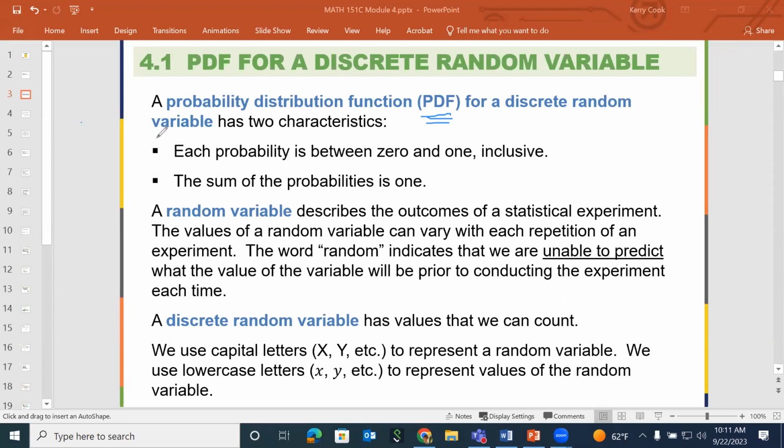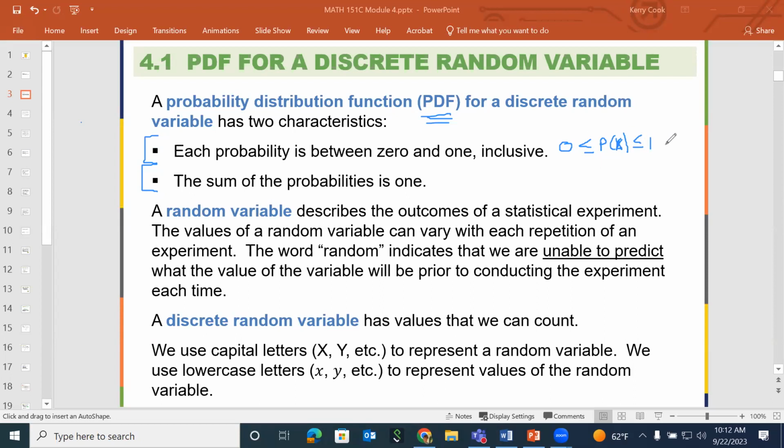A couple of characteristics are requirements to be a probability distribution function. First, the probability for each outcome must be between 0 and 1 inclusive. So the probability can be 0, we would write it like this. And it also can be 1, and it can be any number in between.